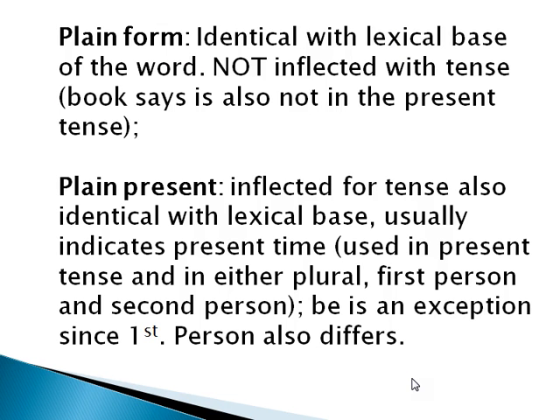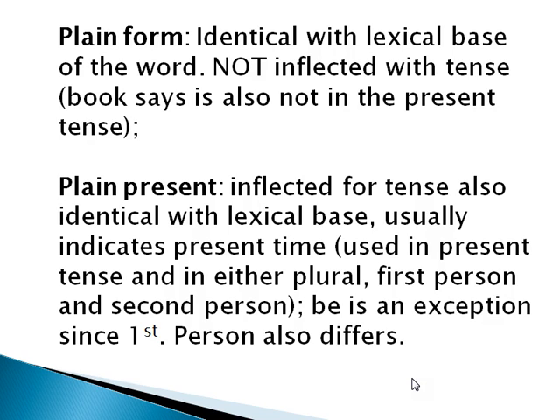Now the plain present is inflected for tense. It is also identical with the lexical base. To play: plain present, play, or he, she, it, plays. It usually indicates present time. And be is an exception.